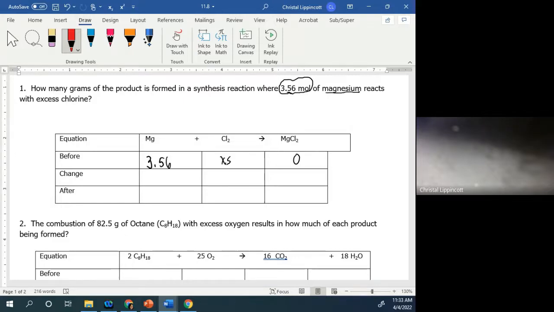I need to figure out what my cloud number is going to be. So I'm going to take that. I'm going to go up into the cloud here. When I go into the cloud, what operation do I perform? Division. When you go into the cloud, you divide.